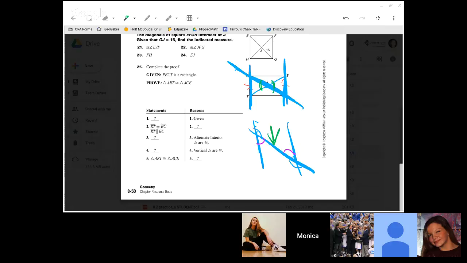So which two? Yes, those work. I think the answer key has them listed as ART and ACE.